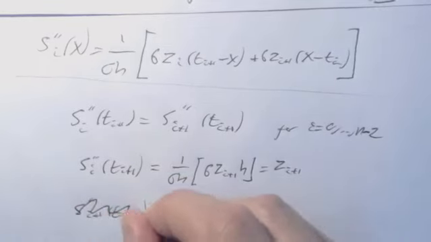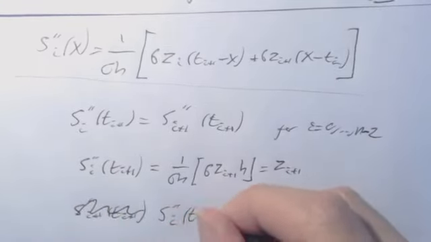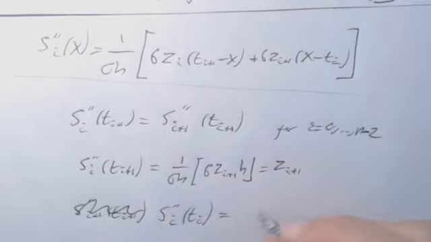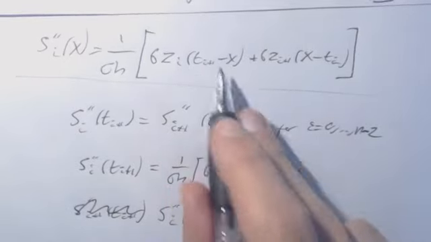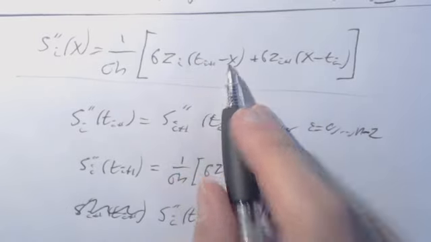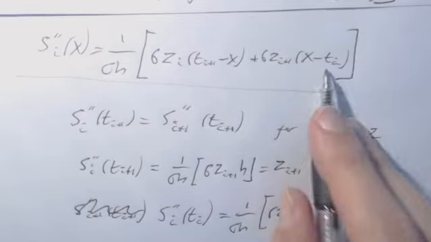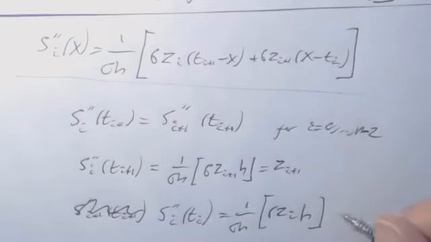Well, instead, I'm going to calculate s_i double prime t_i. So this is going to be 1 over 6h, 6z_i (t_i+1 - t_i), well that's h, and this term is 0. So again, this is z_i.